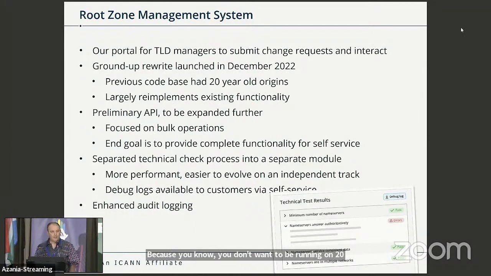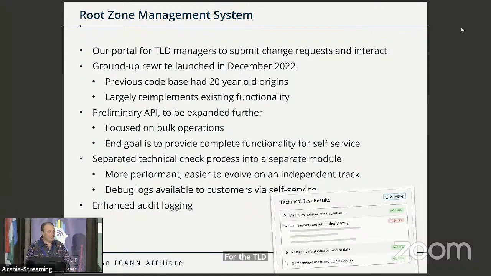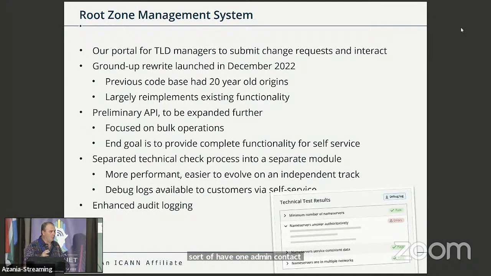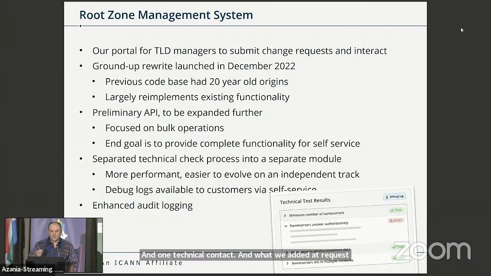We've added some increased functionality for the TLD operators. It used to be that you could only have one admin contact and one technical contact. At the request of the community, we added a change contact, a person who can make changes.